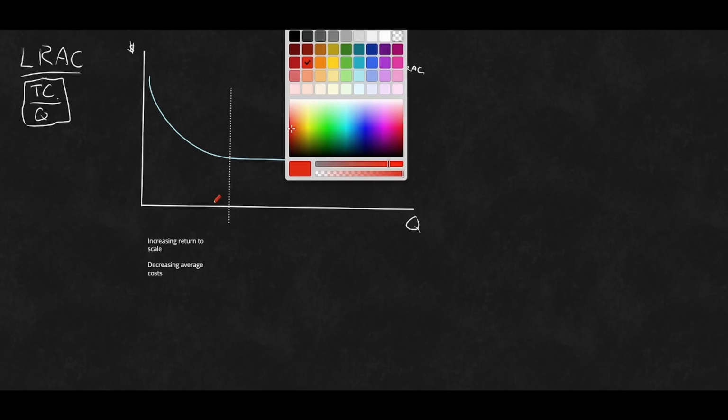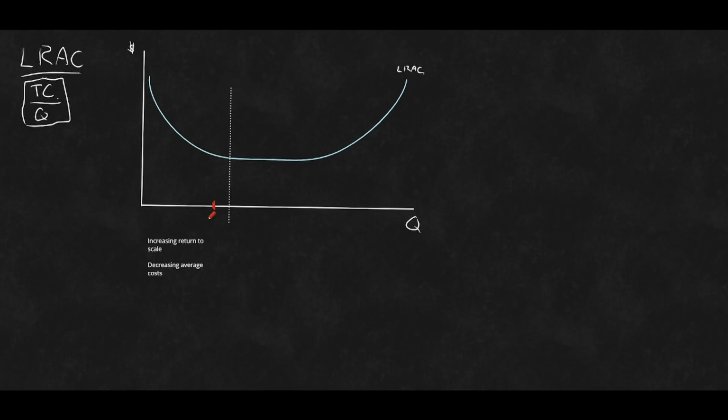Let's suppose that the entire market is right here. This is Q max. The entirety of the marketplace, everybody who would ever want to buy this good or service, would only ever buy Q max.